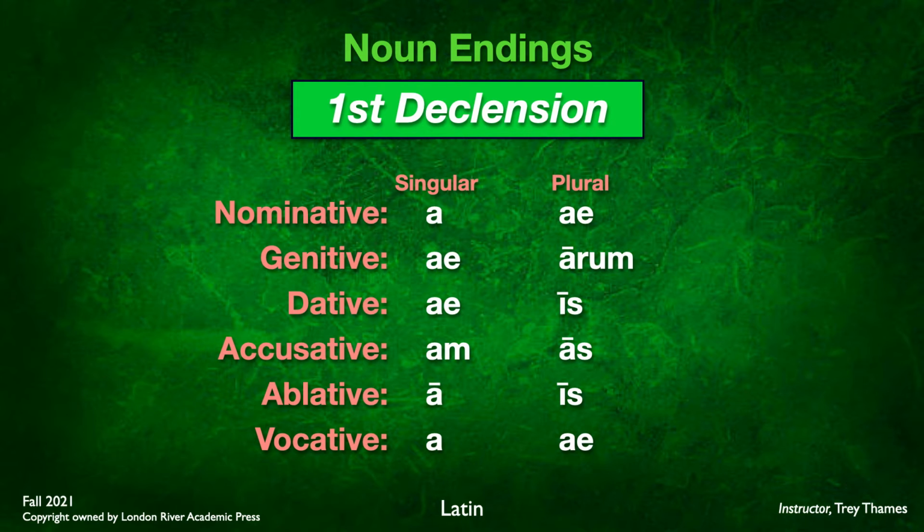The macron, the long mark over several of these vowels, ablative singular, genitive plural, dative, accusative, ablative plural, indicates a lengthening of the sound, essentially twice as long. So if you imagine in musical terms, 2 beats instead of 1 beat.